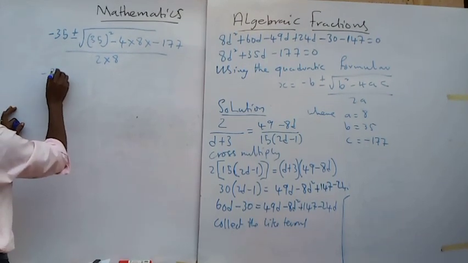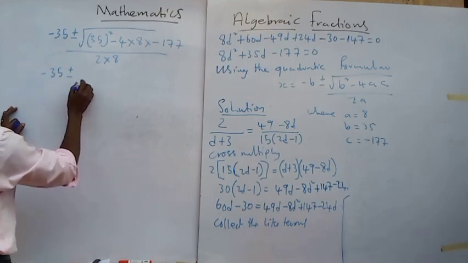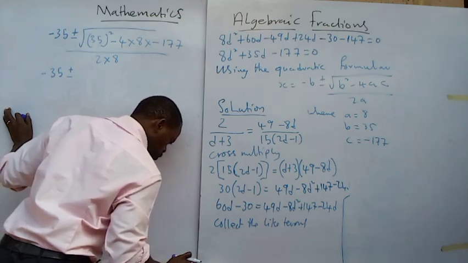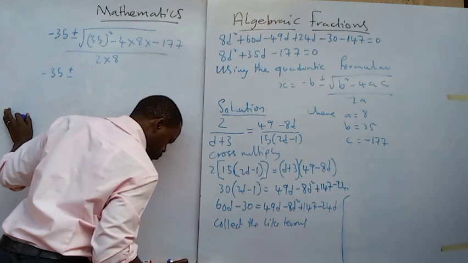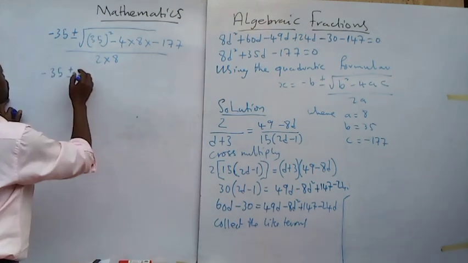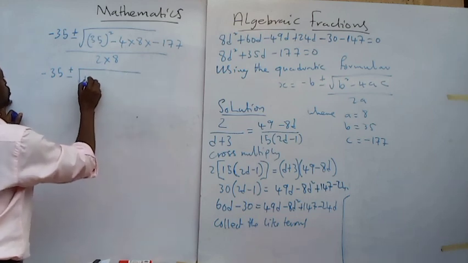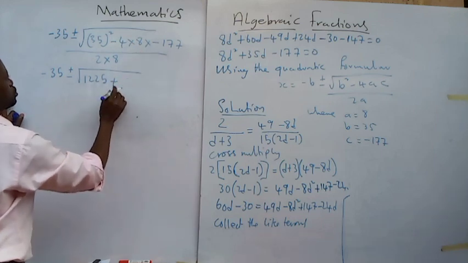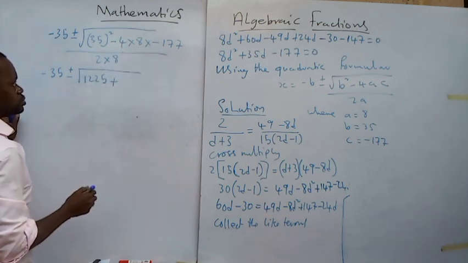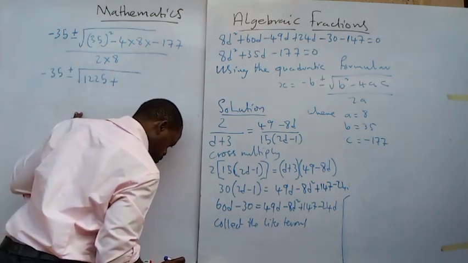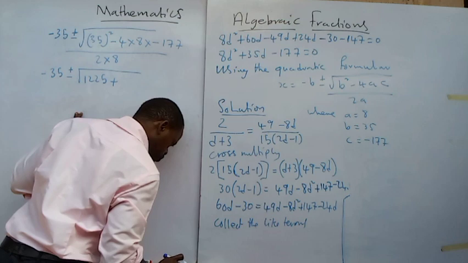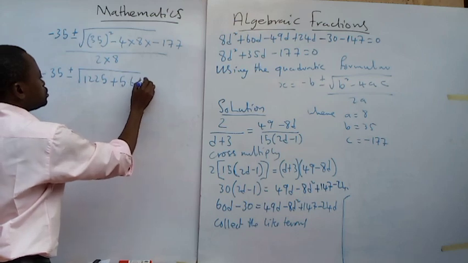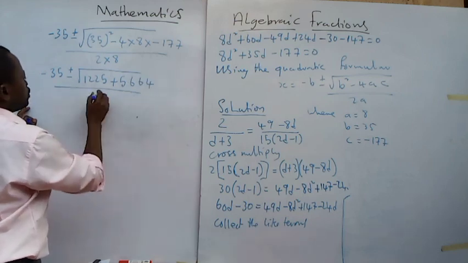We have minus 35 plus or minus the square root of 35 squared, which is 1225, minus times minus will give us plus 4 times 8, 32. 32 times 177 equals 5664, all over 16.